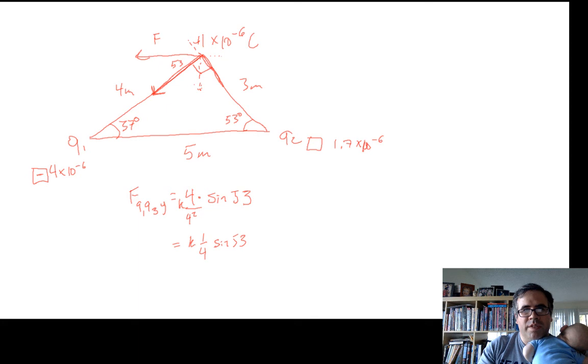The force of this in the y is going to be, wait, that's not 53. That's 37. I'm an idiot. I'm not an idiot. I just, this is hard.